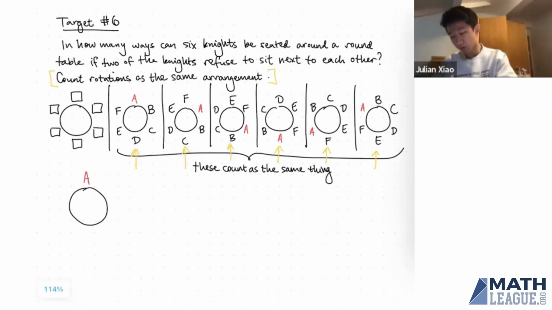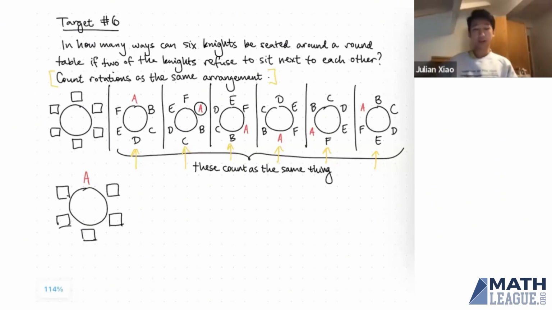And I'm going to say, okay, I'm not going to let A move anywhere else, because if A moves somewhere else, then I'm going to get an arrangement that's going to match something that I've already counted. So if we keep A in the same place the whole time, then we don't have to worry about counting the same rotations anymore. So now that we have person A on the top, we now have 5 seats left.